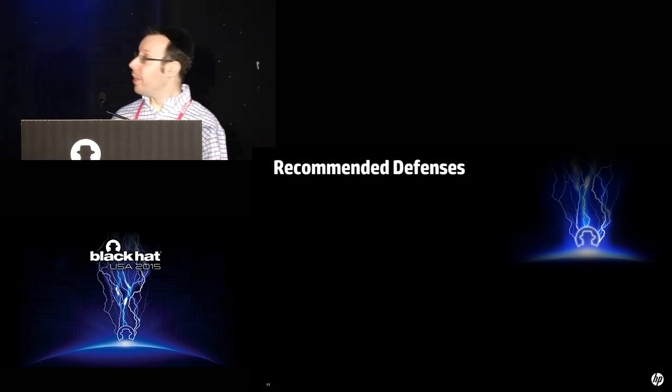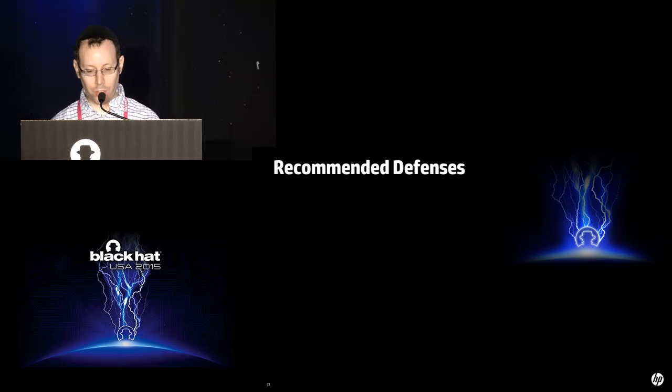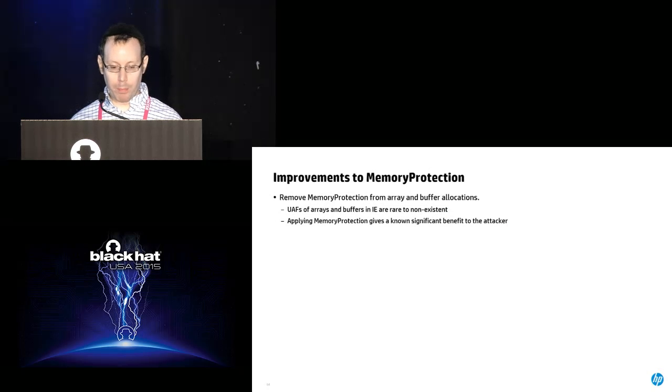We've made several recommendations to Microsoft for ways they can improve isolated heap and memory protection to harden them against the attacks we've discovered. In regard to memory protection, we recommend removing memory protection from array and buffer allocations. This means that memory protection would apply only to scalar allocations.